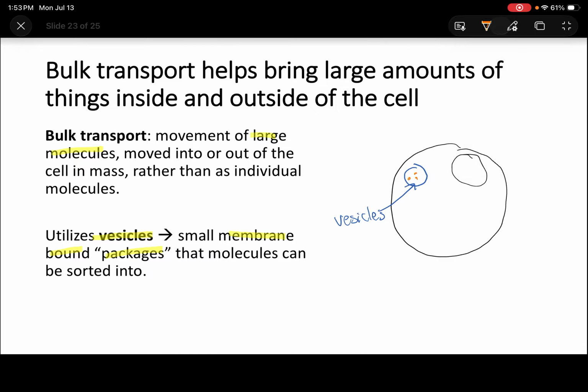It could be all the same, sometimes it's different stuff altogether, and we want to take that outside of the cell. So these vesicles will enclose these molecules and large amounts of things so that they can be taken in and out of the cell more easily in bulk form. There are two main types of transport we're going to talk about: bringing stuff in, and taking stuff out.